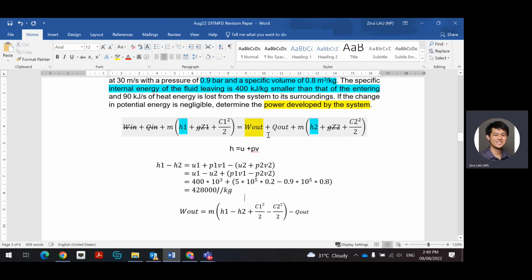So we retain the W out here. I shift over Q out, so it's minus Q out. I shift over H2, so it's m times H1 minus H2. C2 I also shift over, so it's C1 square minus C2 square.